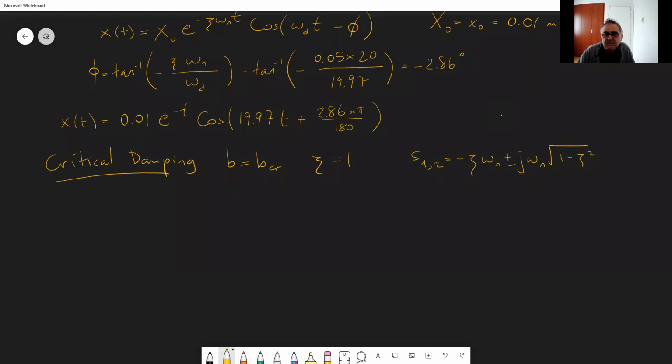But when zeta is 1, this term goes away. So you have s1 equals s2 equals minus omega n. So you have repeated roots.